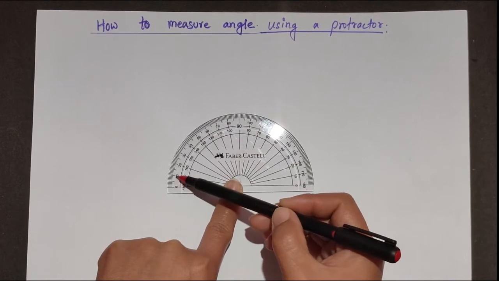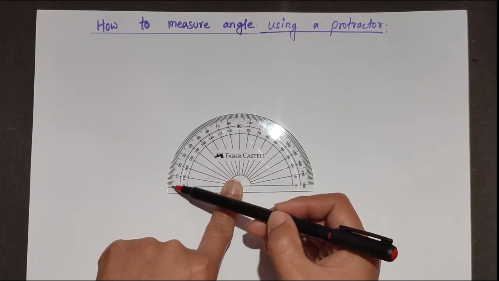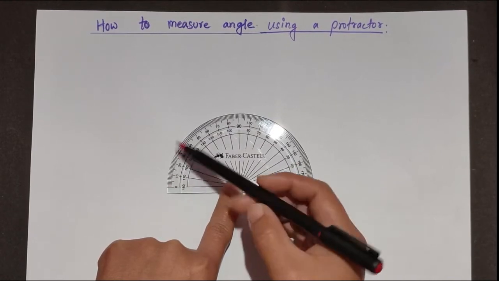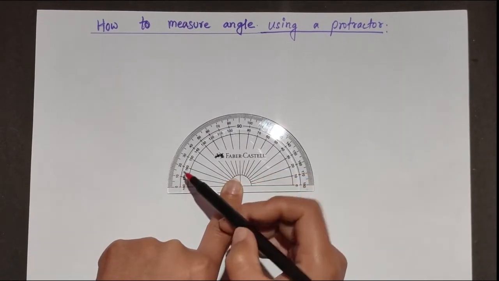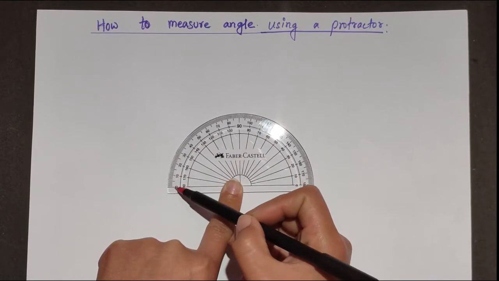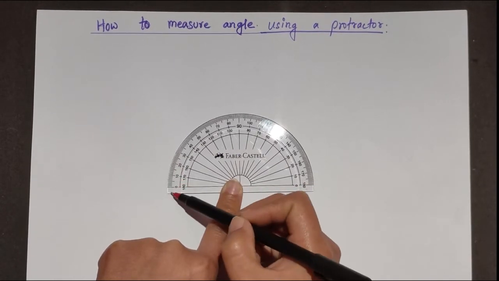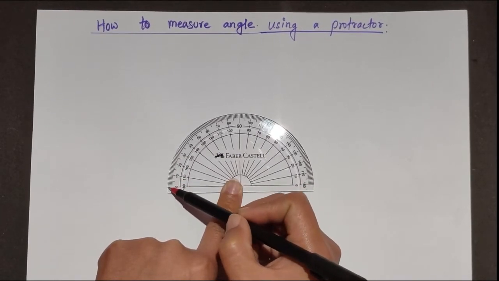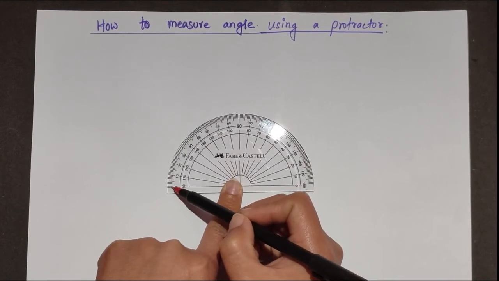Now let's learn how to read the small lines you can see in between the 0 to 10. So let's learn how to read these lines on this protractor. We start from 0 on the outer scale, and it goes to 10.